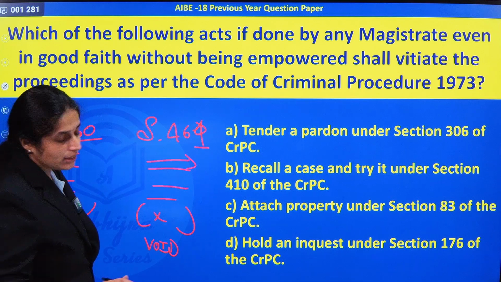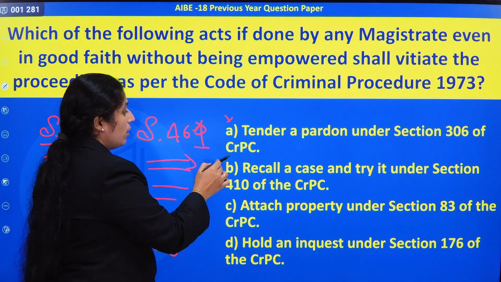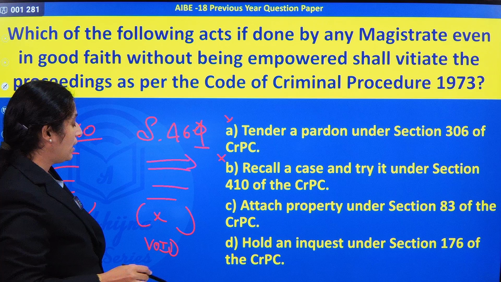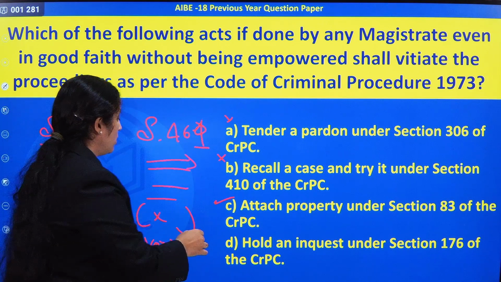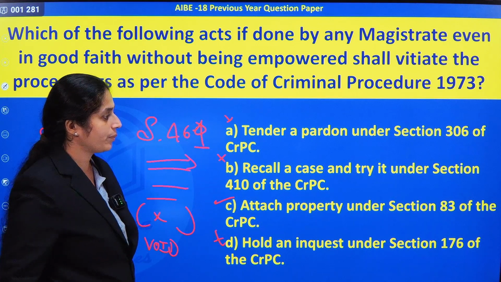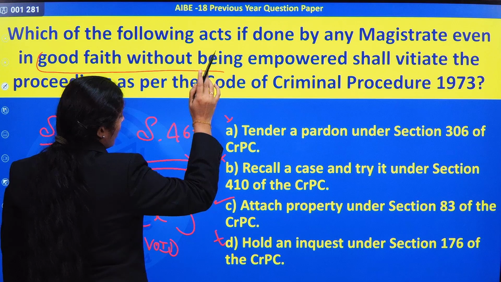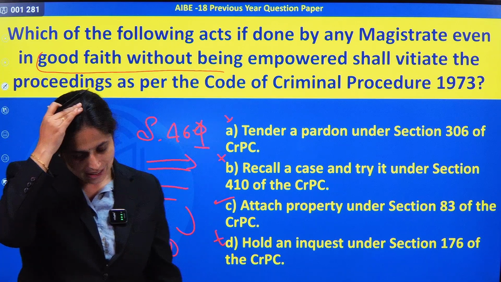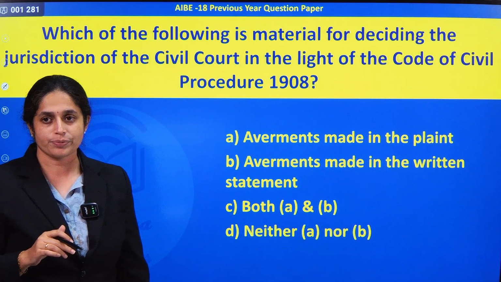So, section 306 does not vitiate proceeding, or order made under 410 does not vitiate proceedings, but 83 it vitiates proceedings, and this one does not vitiate proceeding. But somehow, as the question was wrong, this question has been withdrawn. Okay. But the answer, which vitiates proceeding, is C. C is the correct answer.